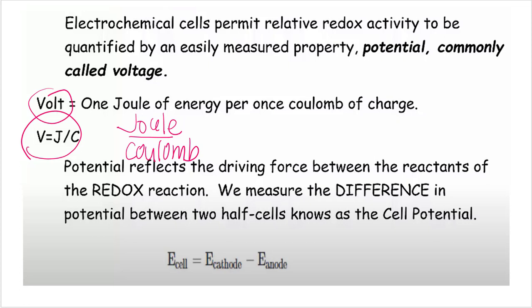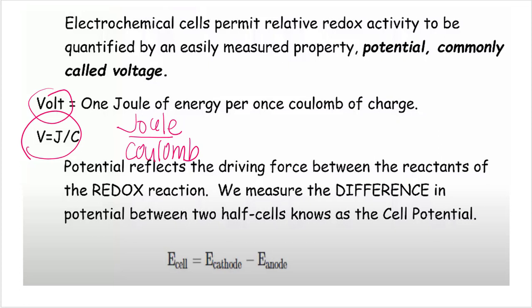You can find the value of a coulomb by taking 1 mole, or Avogadro's number, of electrons, and that's where the value would come from. So again, this is the definition, joule per coulomb. In a few lessons from now, we're going to be able to use that unit to go through some dimensional analysis.